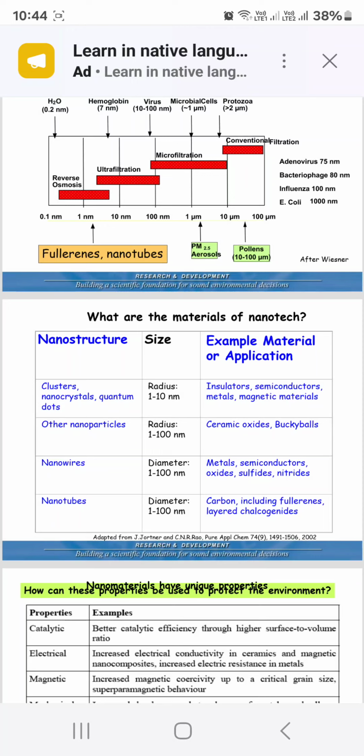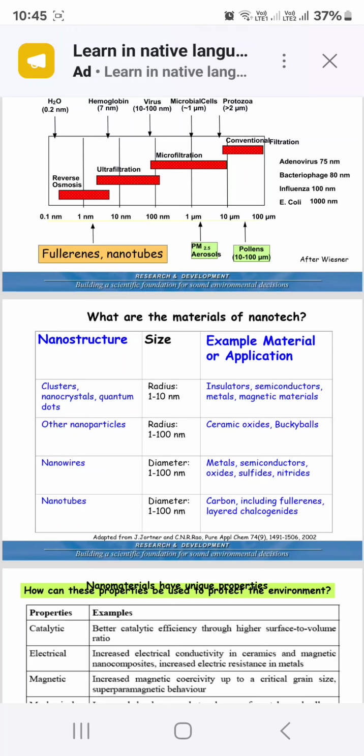There are many materials which have been exploited or manipulated for nanostructures. The nanostructures include clusters, nanocrystals, and quantum dots. These are in the radius of 1 to 10 nanometer, and include insulators, semiconductors, metals, and magnetic materials, like semiconductors such as silicon and metals like gold.